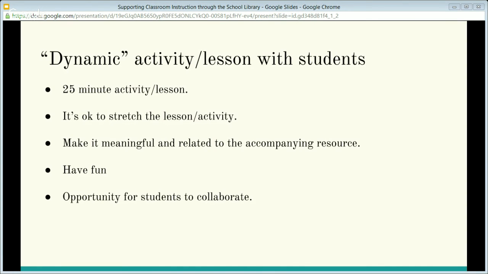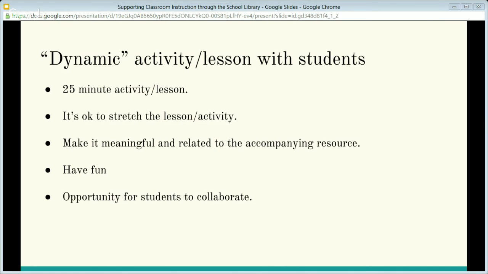Also, when you do activities and lessons with the students, this gives them an opportunity to collaborate. So they are able to collaborate with one another. Maybe an activity or lesson that you have allows them to talk or collaborate with somebody they normally wouldn't in the classroom. So that's great.